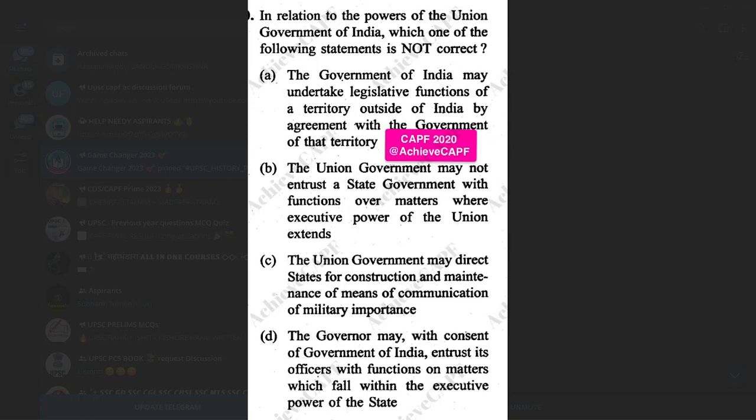Not correct, is it? Outside the country. It takes half an hour just to read the question. Entrust with functions which fall within the executive power of a state.